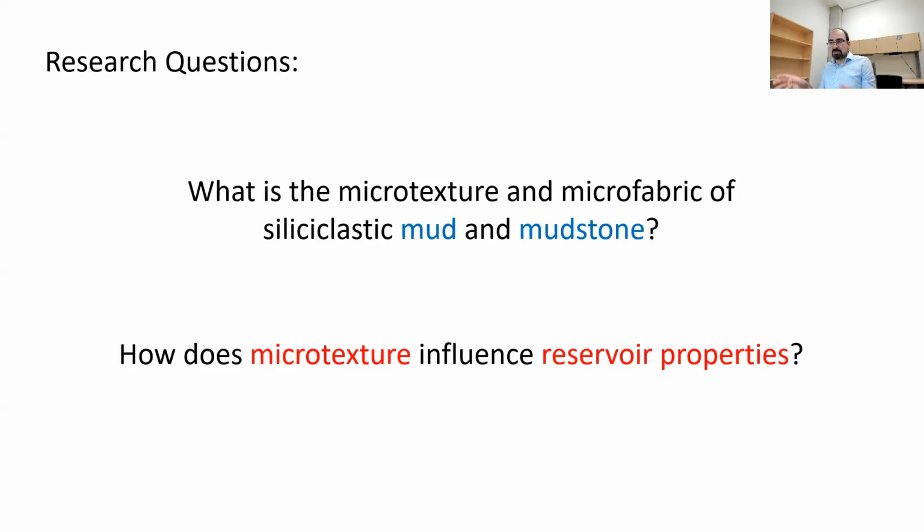Just quickly, microtexture encompasses features such as grain size, shape, and sorting. Microfabric would encompass the orientation and arrangement of clay particles, framework grains, any diagenetic constituents, pores and pore types, things of that nature.